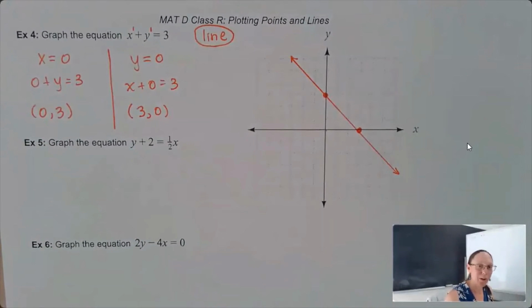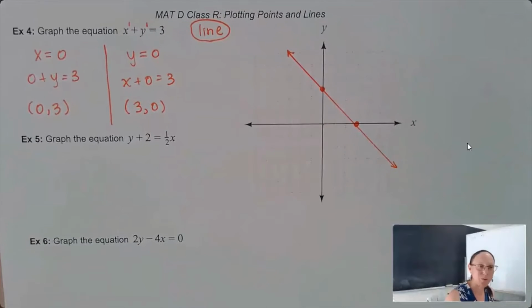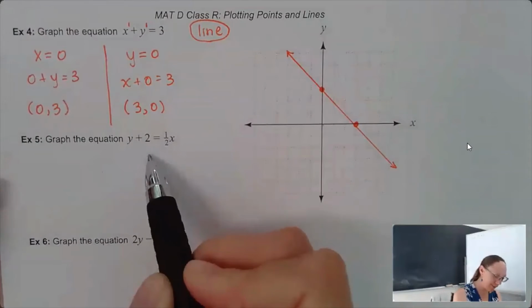There are other ways to graph lines, right? Another one is to think about taking the equation of the line and putting it in that familiar y equals mx plus b form so that we can do exactly what was suggested in the chat just now, which is to think about using the slope to move up and over. So let's take a different approach to this one.